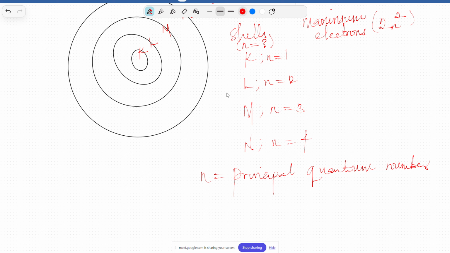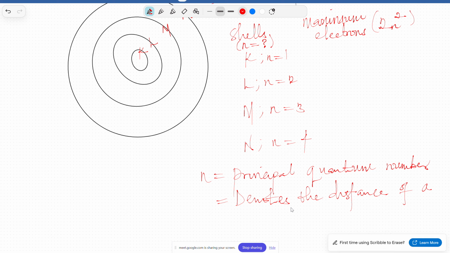And what does it denote? This small letter n that you have here denotes the distance of a shell from the nucleus.